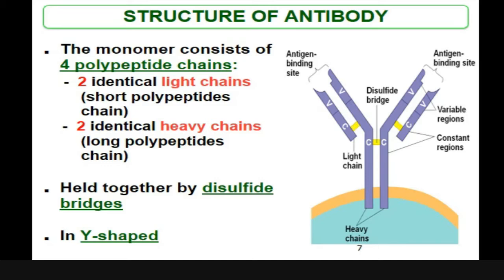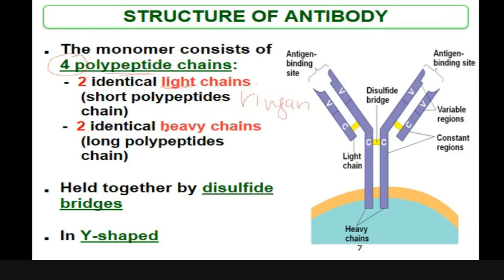Let's look at the structure of antibody. Antibody consists of 4 polypeptide chains. Polypeptide chain tu dia protein kan. So there will be 2 light chains. Light ni sebagai ringan, bukannya cerah.